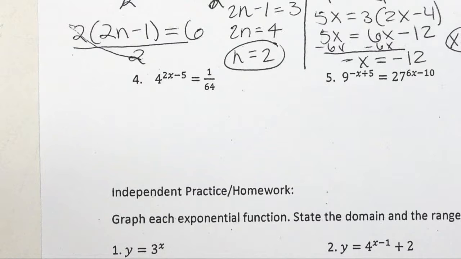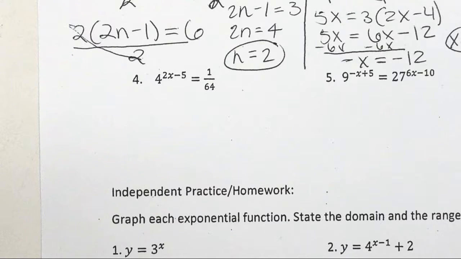What did we raise 4 to get 64? 3, right? Or we could use a base of 2 or 4. Doesn't matter, because you can raise both of them to a power. But let's go ahead and use 4, since we already have it here. So again, what can we raise 4 to get 64? 3. So 1 over 64 is 4 to the negative 3. You just make it negative.